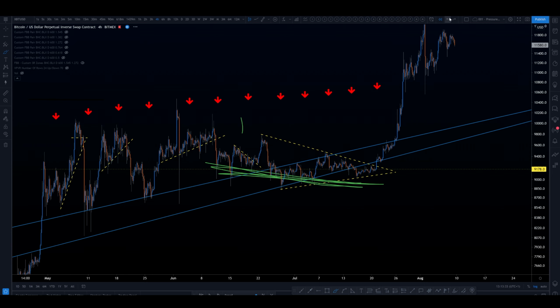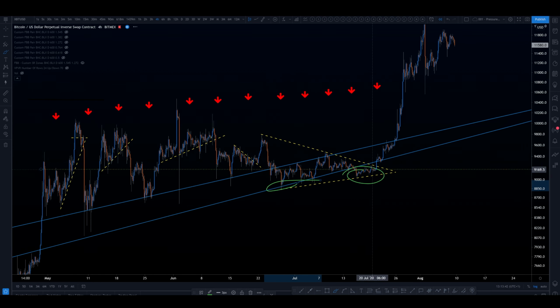allows us to see that price is holding support, and it's entering a pressure zone here. This is resolving to the downside, and it's entering a pressure zone here, and this one is resolving to the upside. We are back in range.